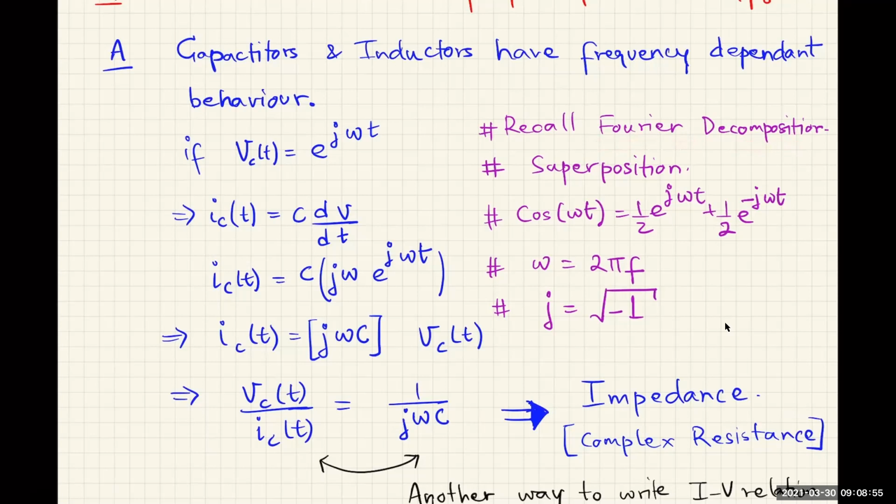So any arbitrary periodic signal can be broken down into sines and cosines. For example, a periodic square wave can be broken down into its component sines and cosines. A triangle wave can be broken down into sines and cosines. Any arbitrary periodic signal can be broken down into sines and cosines.